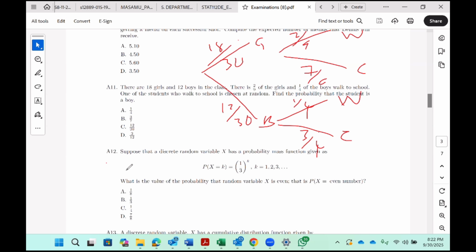So find the probability that a student is selected, a student is a boy. So if it's a boy, it's a boy, given that he walked to school.